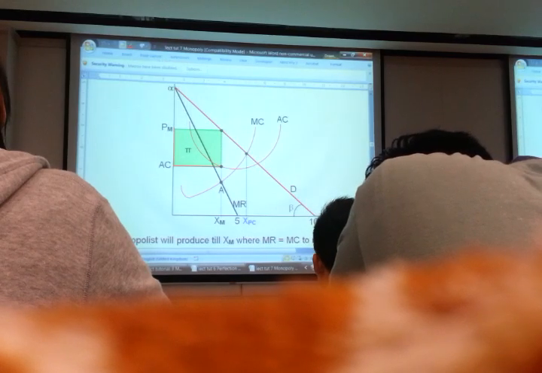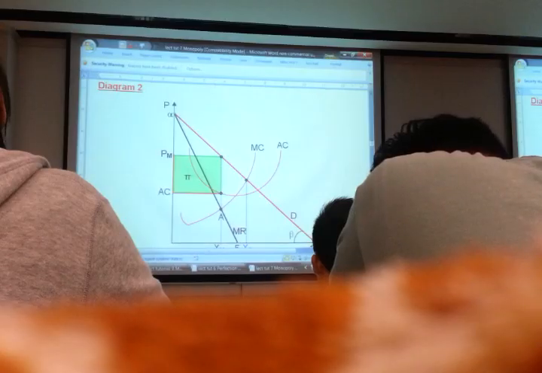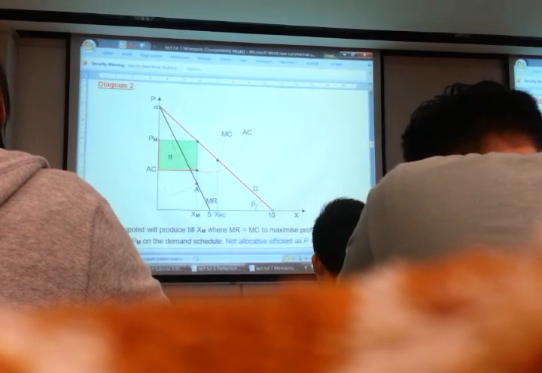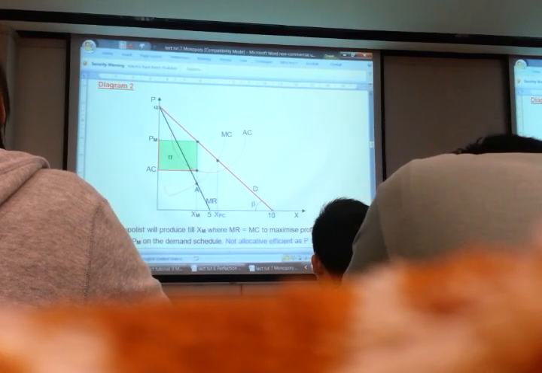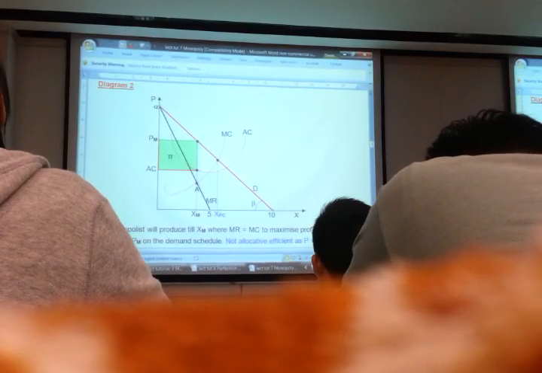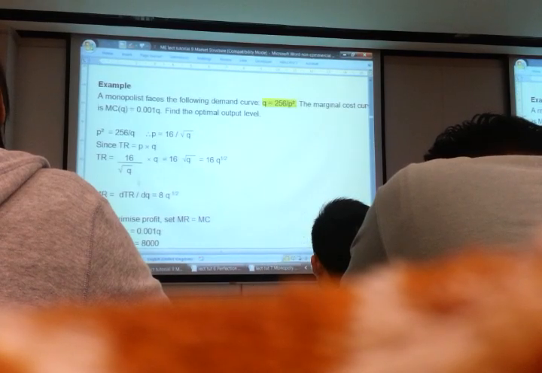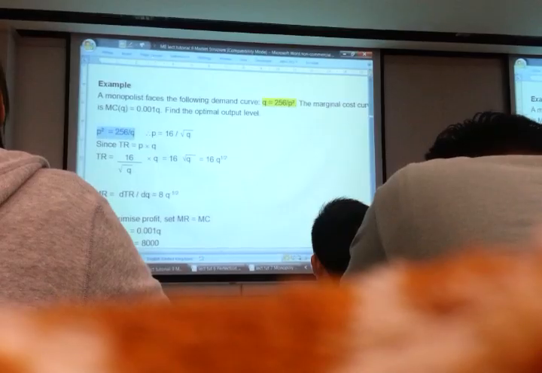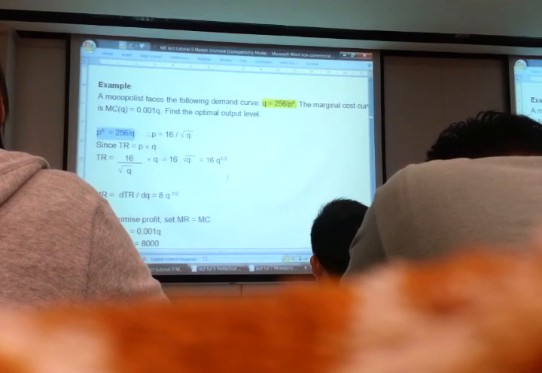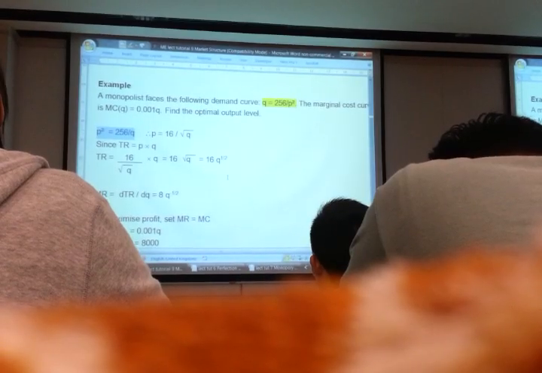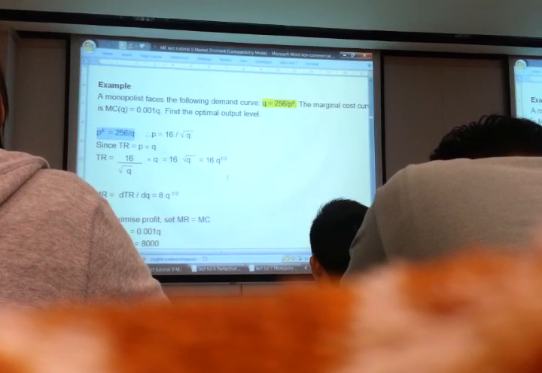So we have to rearrange the equation to P versus Q. Now if we rearrange the equation, you can see that the demand function is this one. Is this a straight line? If it's a straight line, then MR is twice as steep.